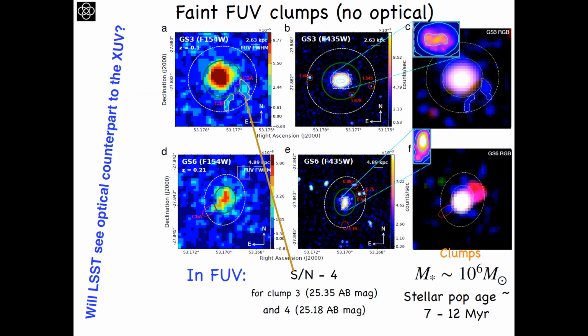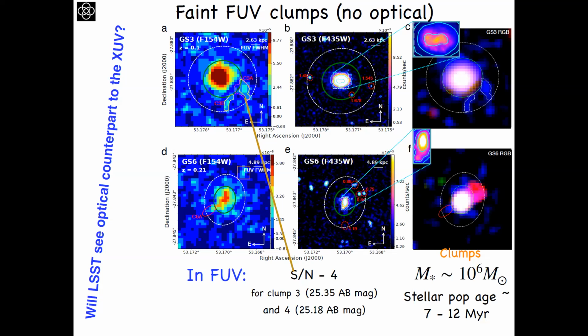What you see here is the FUV image, in the far ultraviolet band, and this is the optical boundary. And this is the HST image of the same galaxy in the F435 band, the blue band, and this is PSF matched, so the optical boundary is on the same footing.